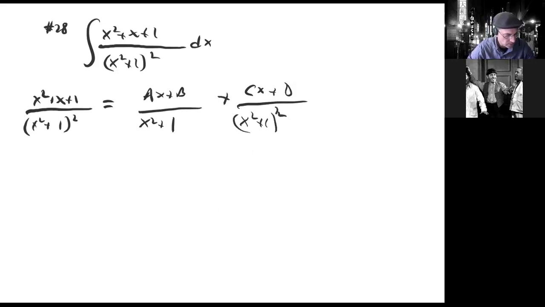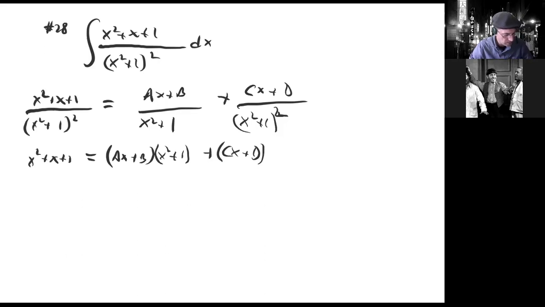So that's what we want to do, and I'm going to then solve the problem by multiplying both sides by the denominator on the left, and we're going to get x squared plus x plus 1 is equal to ax plus b times x squared plus 1 plus cx plus d times, well, times nothing, right? So it's cx plus d.